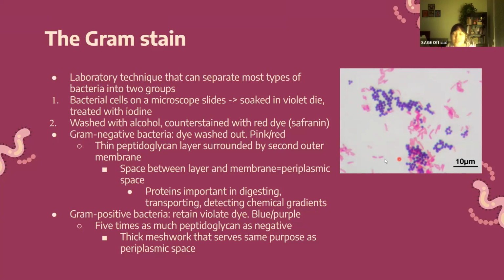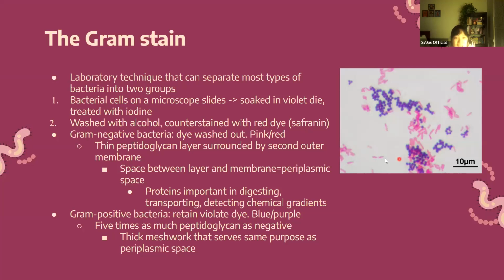There are two different types of bacteria, gram-negative and gram-positive. Gram-negative bacteria are identified when you wash out the dye and they are pink and red, which means the violet dye does not stay.